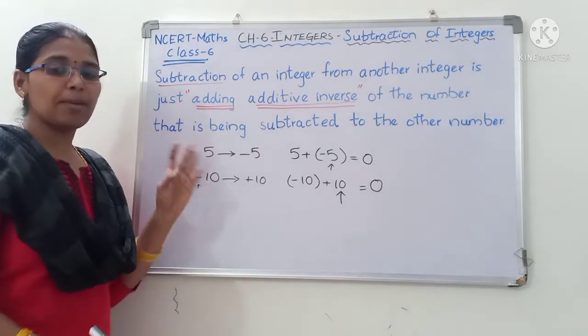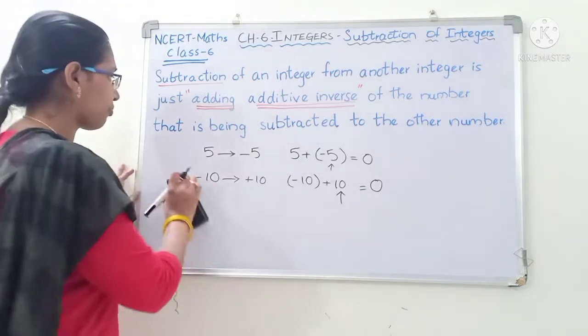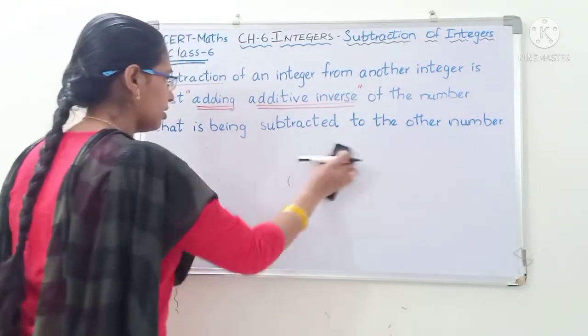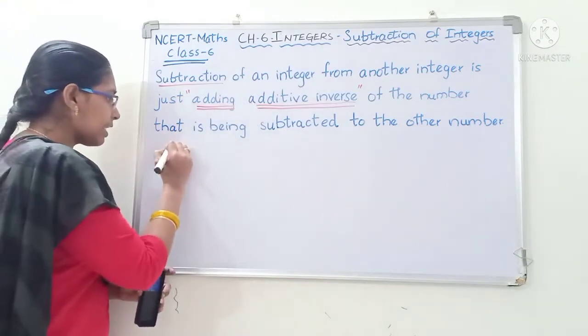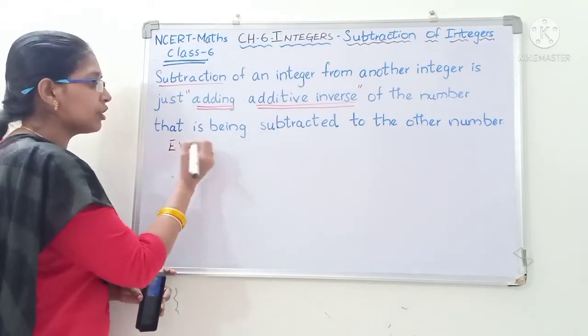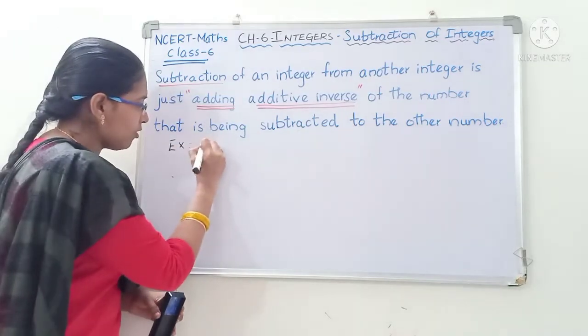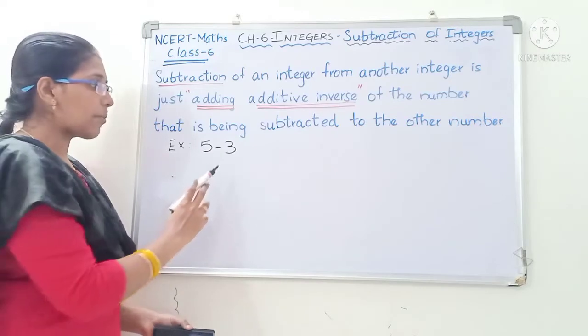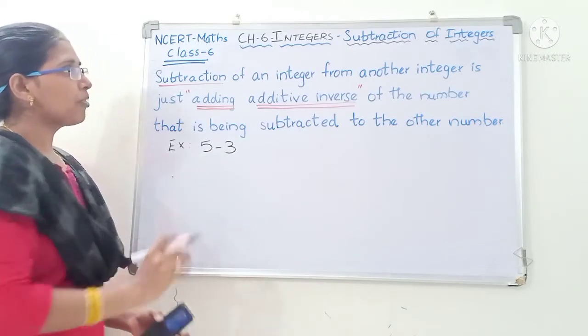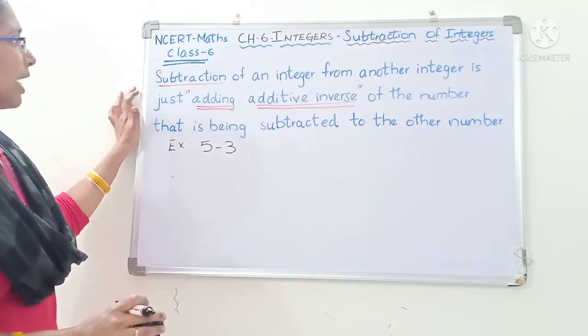Now, let us do subtraction of integers. Observe the definition carefully. Consider an example. Understand the definition using an example. 5 minus 3. So, here they are asking to subtract 3 from 5. Now, how do you do subtraction?